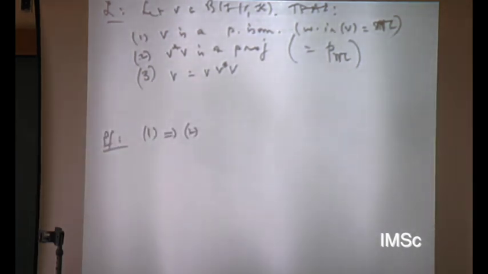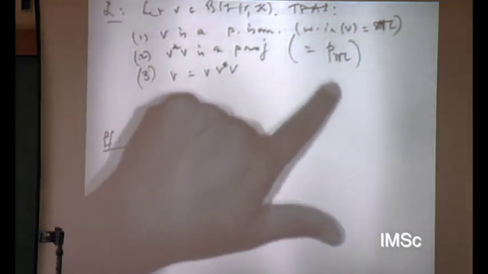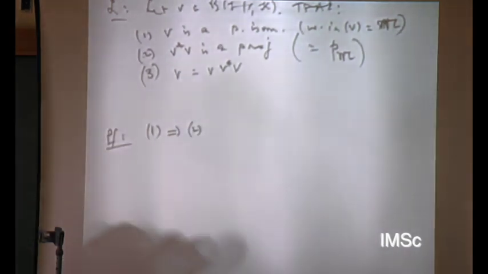Then, to say that V star V is a projection onto M, I have to show that it is identity on M and it is 0 on M perp. Right?